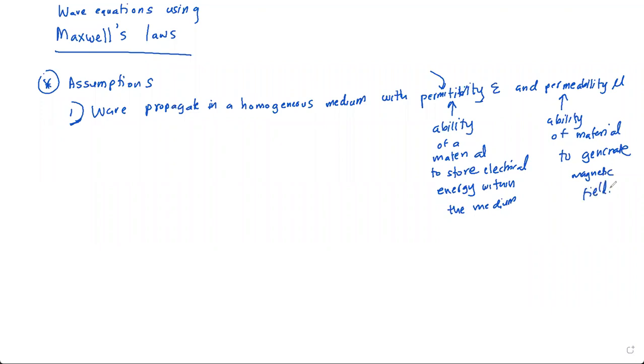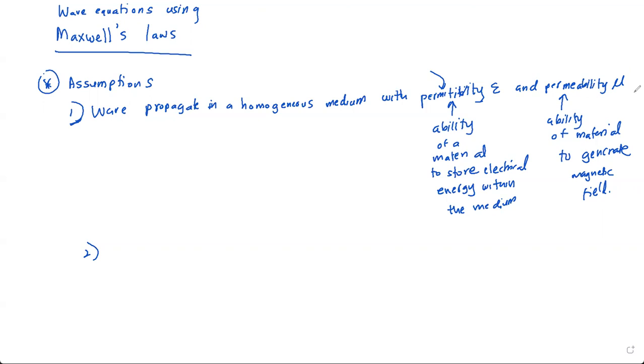So basically, we are going to assume that whatever is generated in the space will propagate in a homogeneous medium with permittivity epsilon and permeability mu. The medium has permittivity epsilon. That means the medium has the ability to store electrical energy of this epsilon naught amount, and the medium has the ability to generate a magnetic field of the value mu.